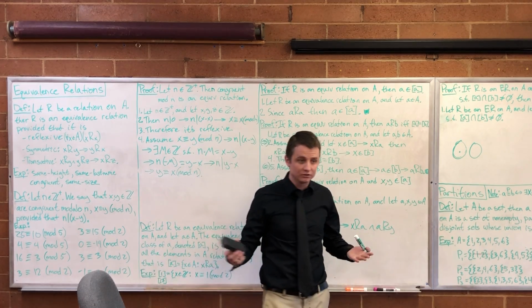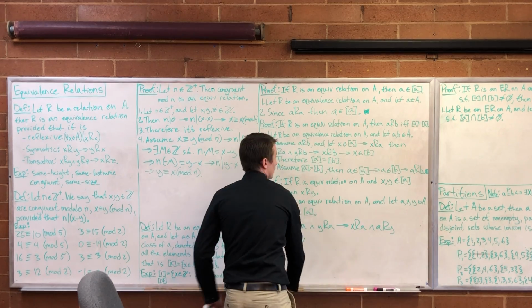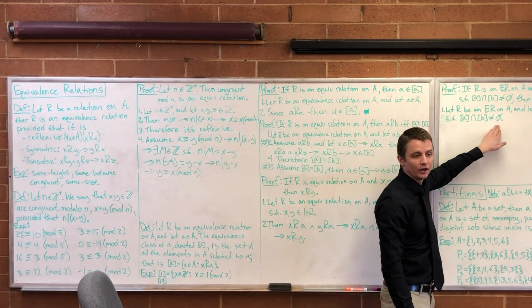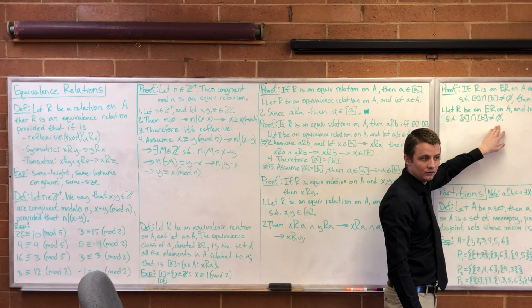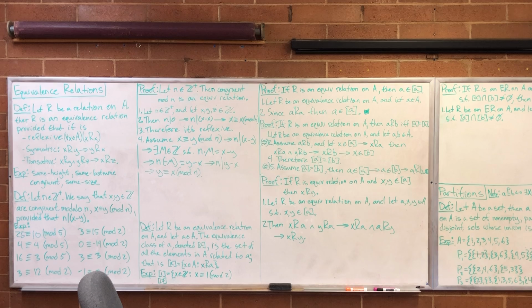Equivalence classes are always disjoint. They never have any elements in common. So if their intersection is ever non-empty, you actually got the same class twice. Make sense what I'm saying? Okay, so let's do the proof of this.